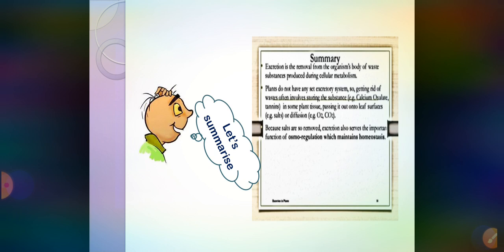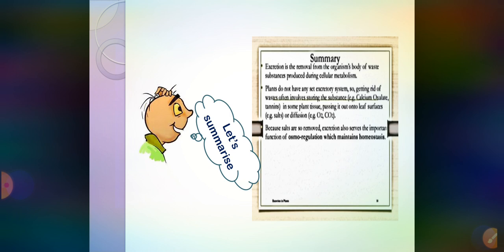Plants do not have any set excretory system, so getting rid of waste often involves storing the substance, for example calcium oxalate, tannins, in some plant tissues, passing it out of the leaf surfaces or salts, and air diffusion, that is the gases like oxygen and carbon dioxide. So oxygen is usually evolved during photosynthesis and carbon dioxide is evolved during respiration. The same thing applies in our body also, isn't it? We take in oxygen, which is required for all our body cells for survival, and we give out carbon dioxide, right?